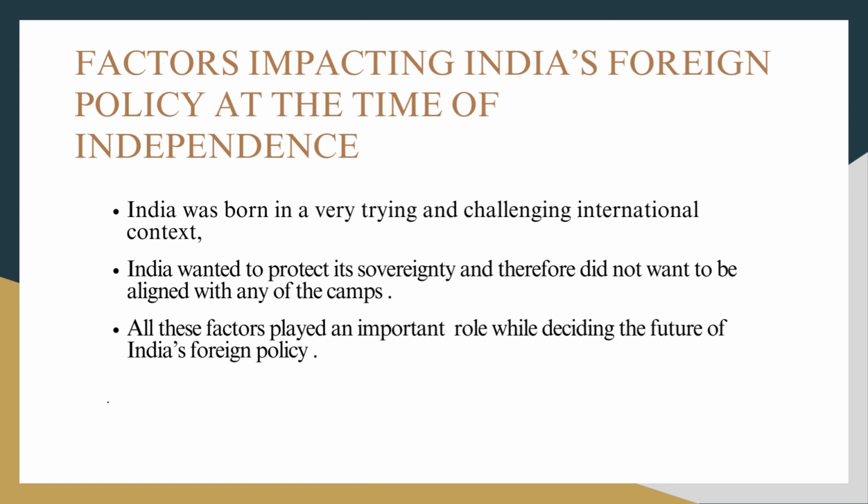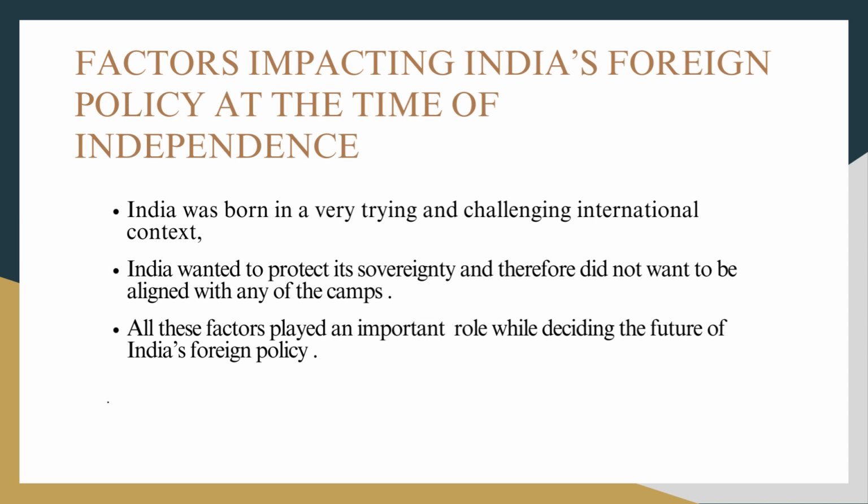And apart from these factors at the global level, India had its own share of concerns. India had already had a lot of years when people were dominating India, like Britishers were ruling India, Mughals had invaded India, so India wanted to be independent now, independent in all senses.